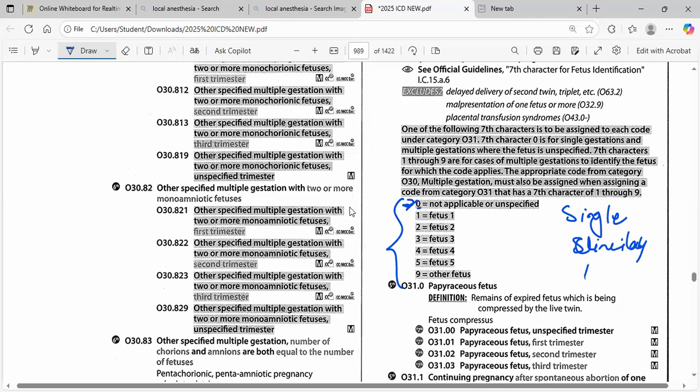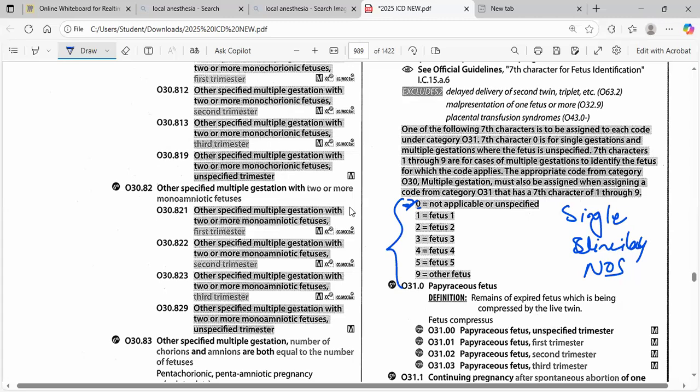And when it is not specified which one is affected, your seventh character would also be 0.